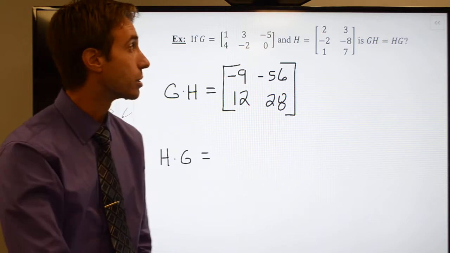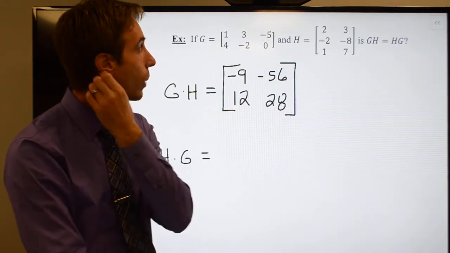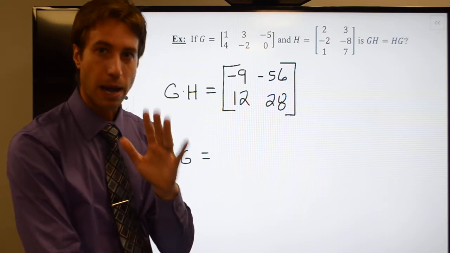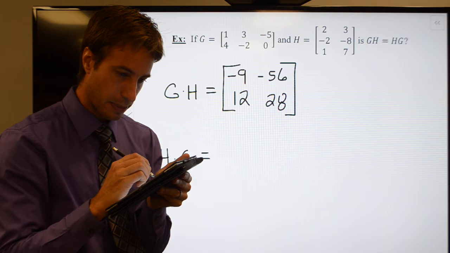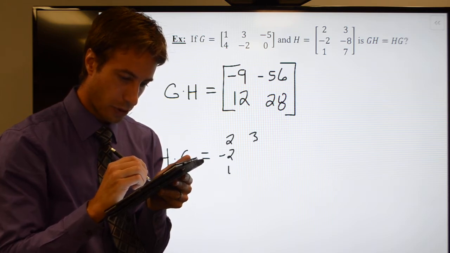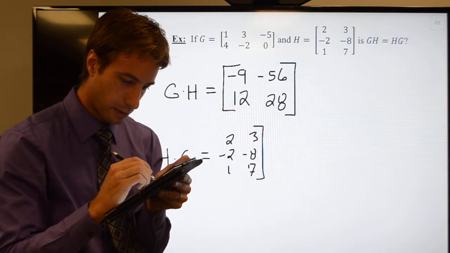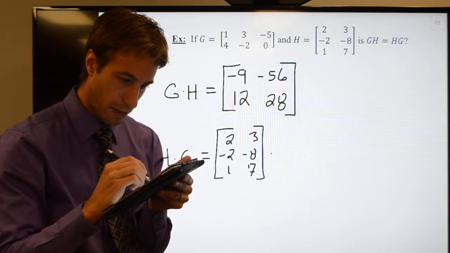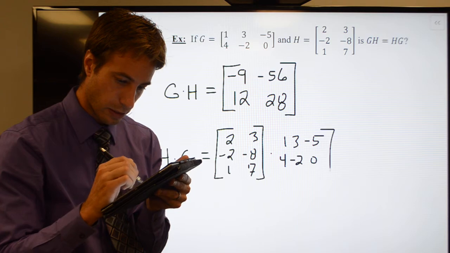So here we go. Let's do some mental math. 2 times 1. Wait, I'm sorry. Hold up. I apologize. You know what? Let me rewrite this. It's going to be 2, negative 2, 1, 3, negative 8, 7, multiplied by 1, 3, minus 5, 4, minus 2, and 0.